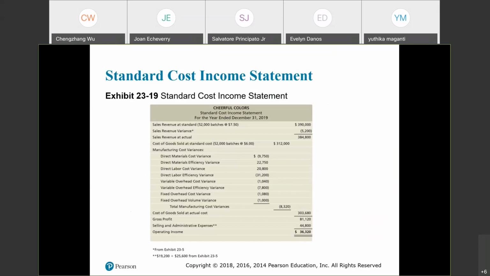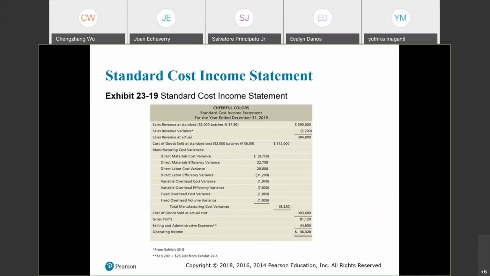The standard cost income statement doesn't alter the actual operating income. It simply emphasizes the variances from standard. That's why the final operating income is the same amount.